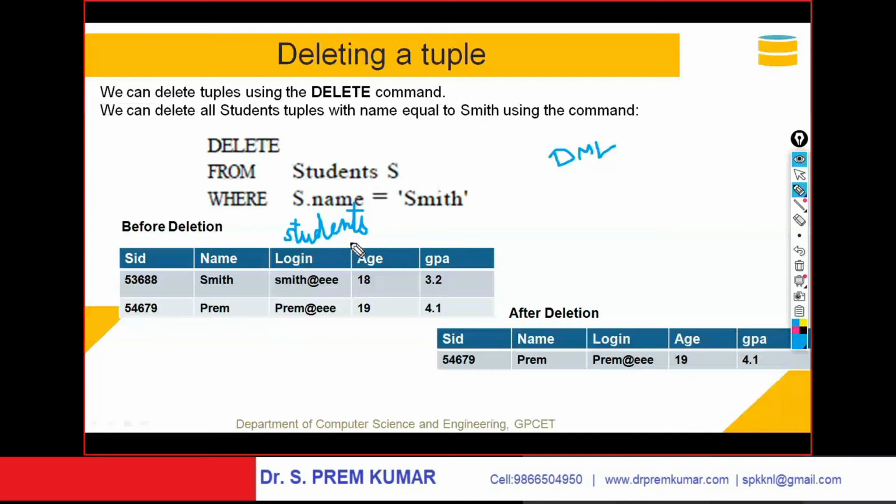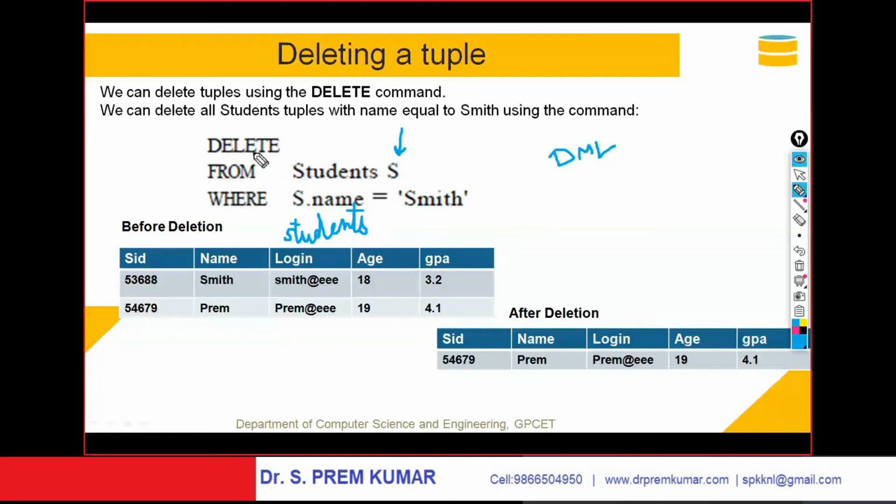Students is represented by S. S is called an alias. S is representing the students table, where S dot name is Smith. In the students table, if name is Smith, you delete.